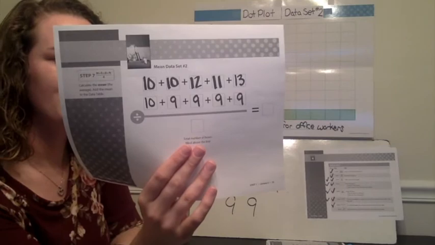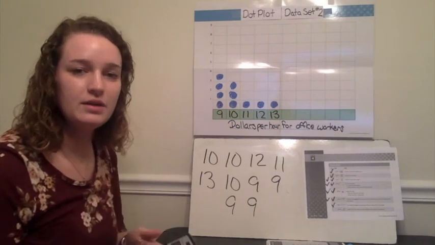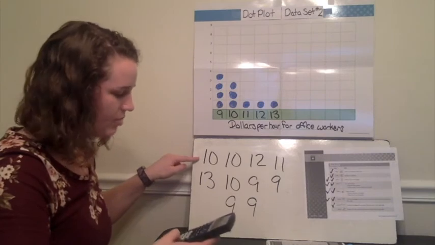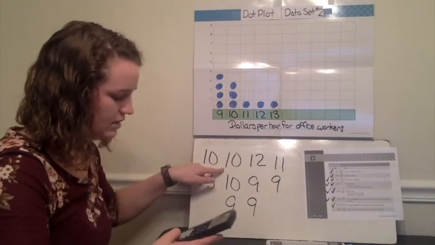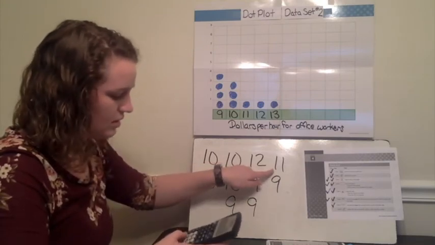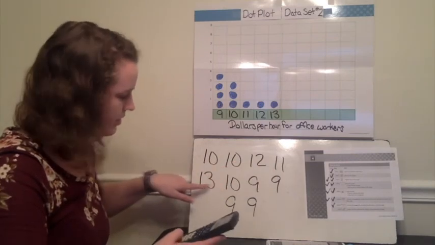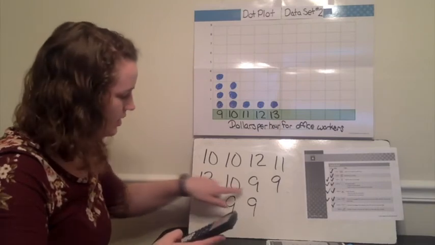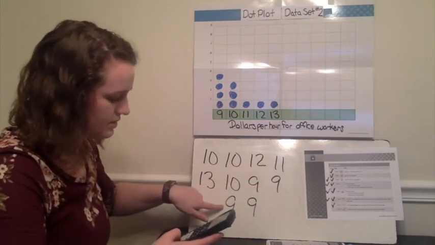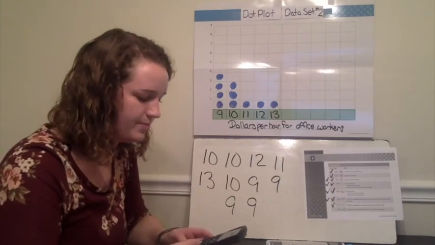Okay, so now we have to add them up in our calculator again. So get your calculator out and clear it. And now we're going to add. So we're going to put in 10 plus 10 plus 12 plus 11 plus 13 plus 10 plus 9 plus 9 plus 9, one more, plus 9, and then hit equals.